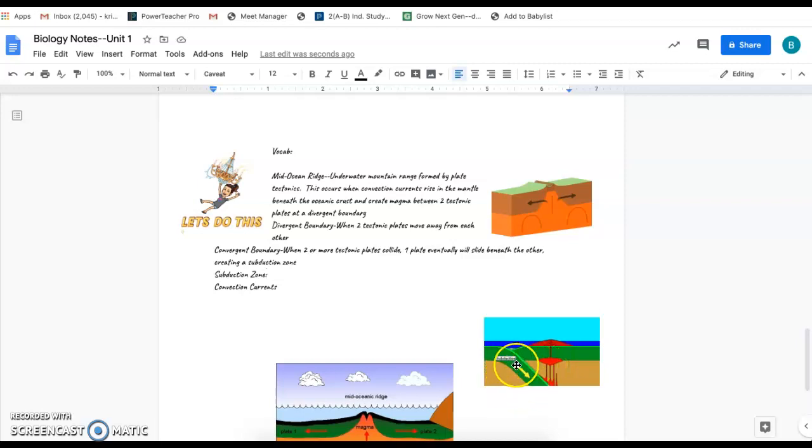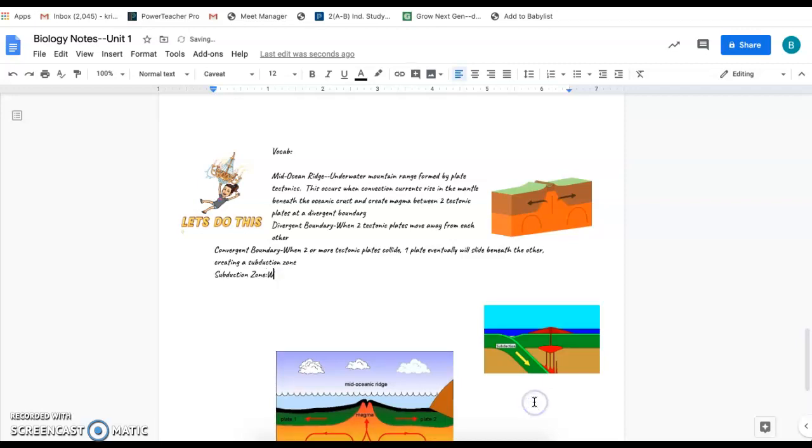Okay, so this part of the plate is essentially getting eaten or destroyed at that convergent boundary. So when we talk about a subduction zone, this is where plate tectonics, or plates, meet, and one plate goes underneath the other.